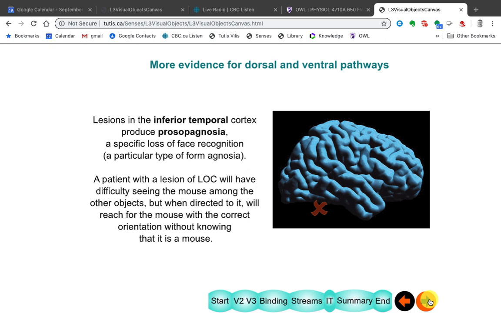So just looking around the table, you'd see a whole bunch of things, but to determine which is the mouse would be beyond you unless you went around and felt everything, because your ability to sense what an object is isn't forgotten. It's just your ability to visually determine what an object is that is dependent on this structure.